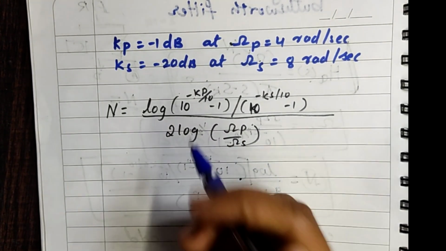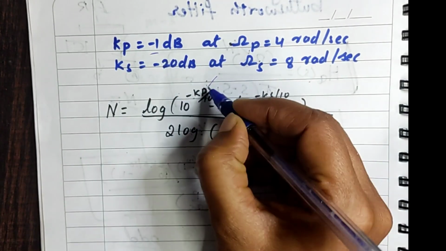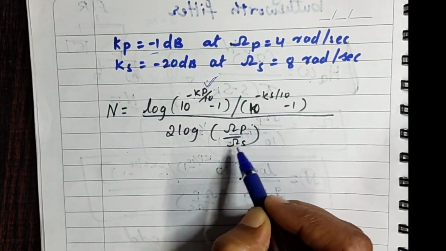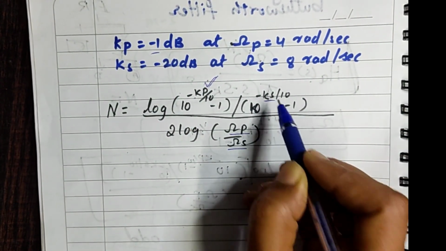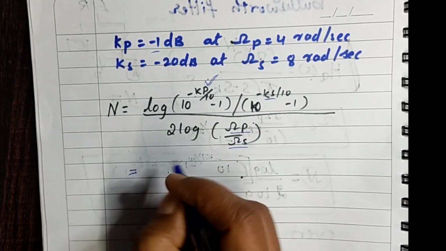Yes, we have Kp, ohm P, ohm S, and Ks also we have.